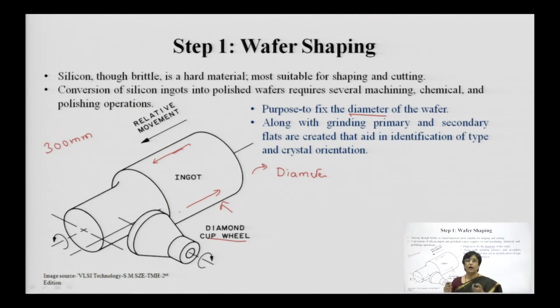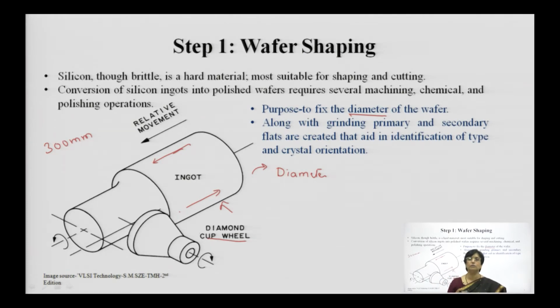Not only that, apart from grinding, identification marks are also made on this ingot while the grinding process is happening. We will see what those marks are afterwards. Just like when you buy an LED and look from the top, you have a chiseled nose, and you identify that as the cathode.